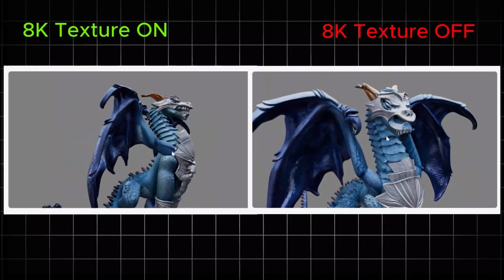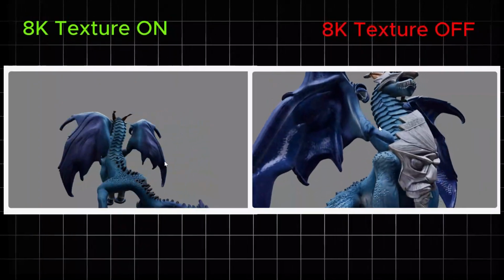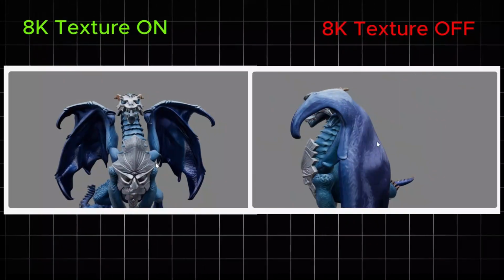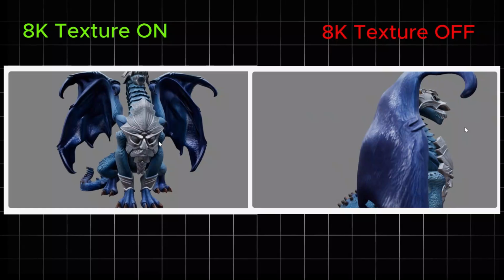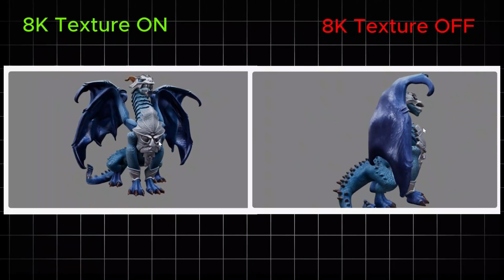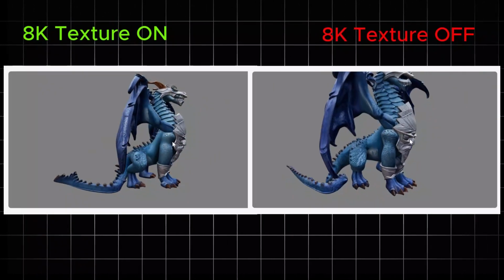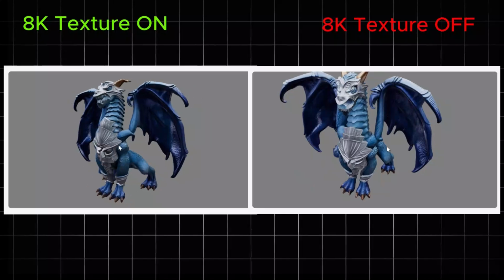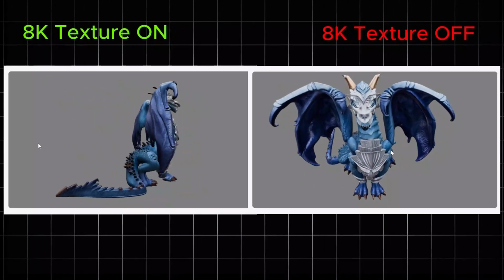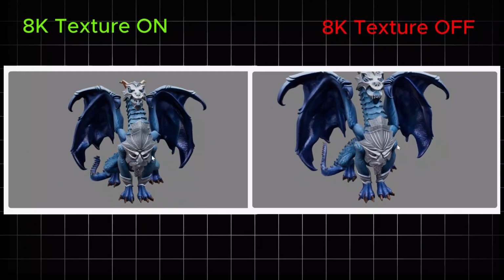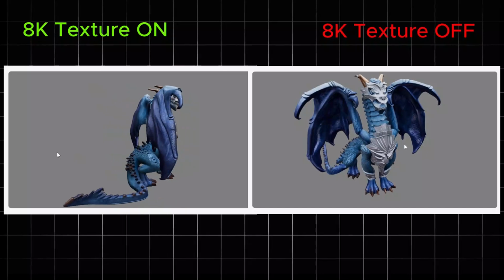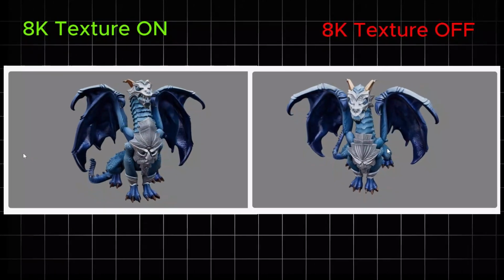This comparison really shows the impact of enabling 8K textures before generating your model. At first glance, both versions may look similar, but once you zoom in, the extra detail becomes obvious. Notice the improved sharpness in the facial features, clothing, hair, and surface textures. Which version do you think looks more polished?